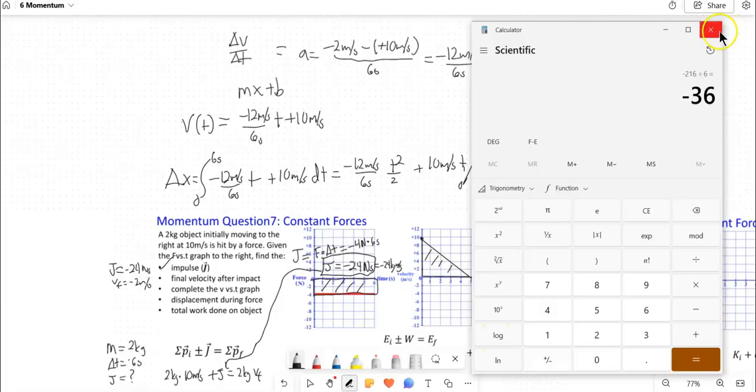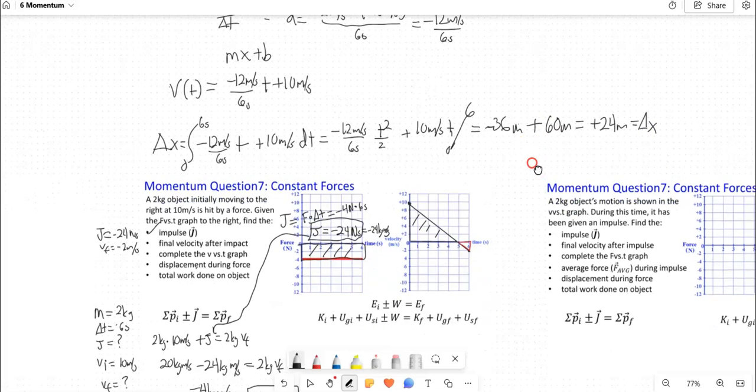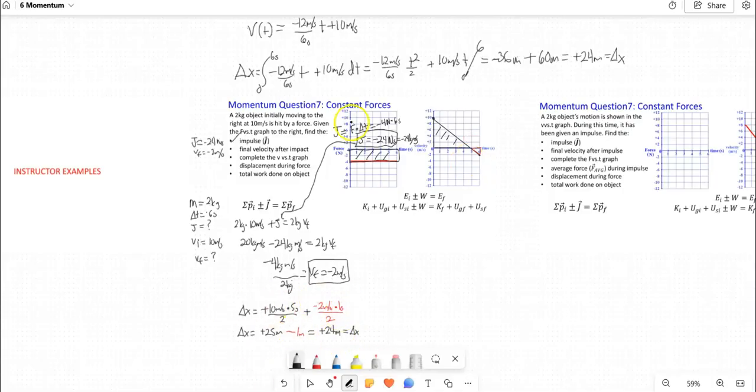So that's negative 36 meters, plus 6 times 10, which is 60 meters. So that is equal to positive 24 meters, delta x. For me, I think the way we did it with the triangles could sometimes be more difficult than this. All right.